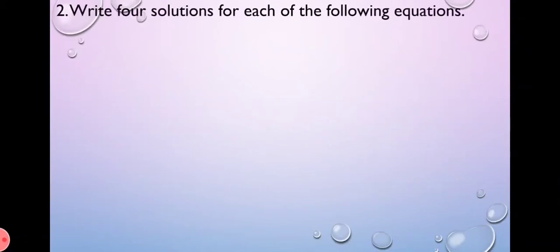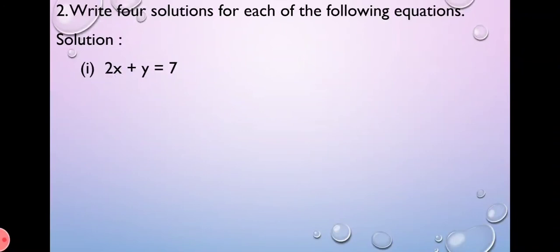Next, question number 2. Write 4 solutions for each of the following equations. Now, equations are given and you have to find 4 solutions for each and every equation. So, for the solution of question number 1, the equation is given as 2x plus y equal to 7.